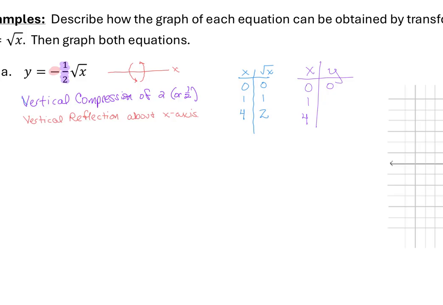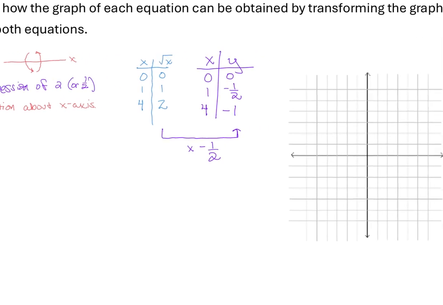Same thing with our 1. If we multiply 1 times 1/2, we get 1/2. We change the sign and we get negative 1/2. And if we do that with the 2, we take half of 2, we get 1. We change the sign and we get negative 1. So whether you do this in 2 steps or in 1 step, that's up to you.